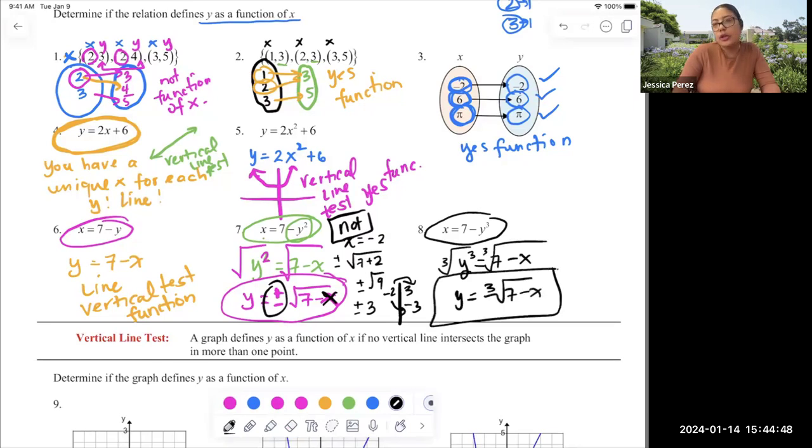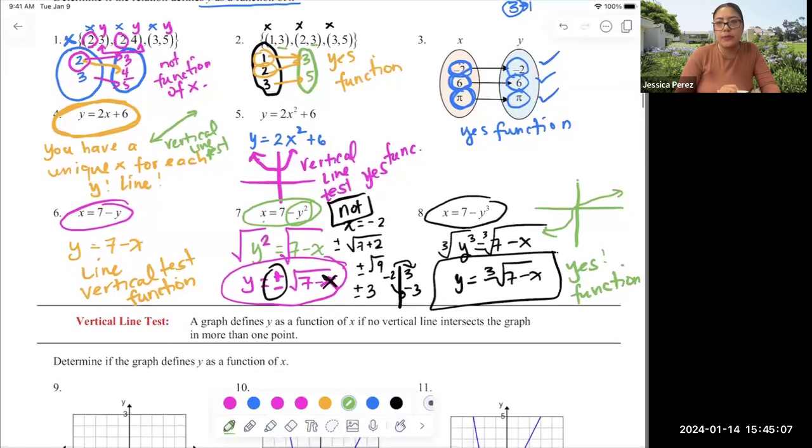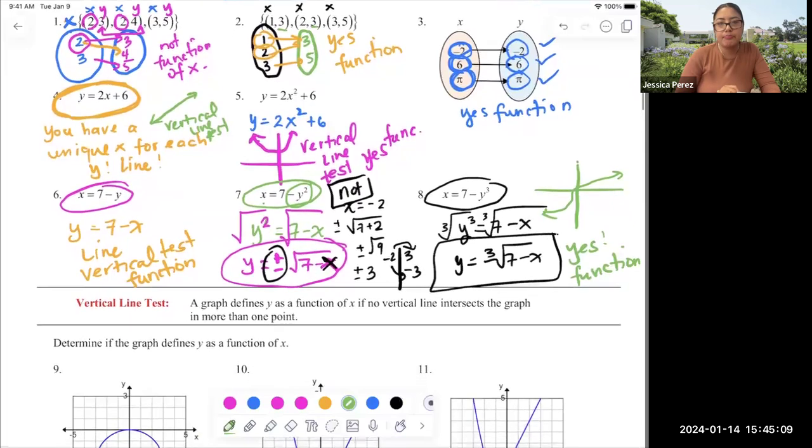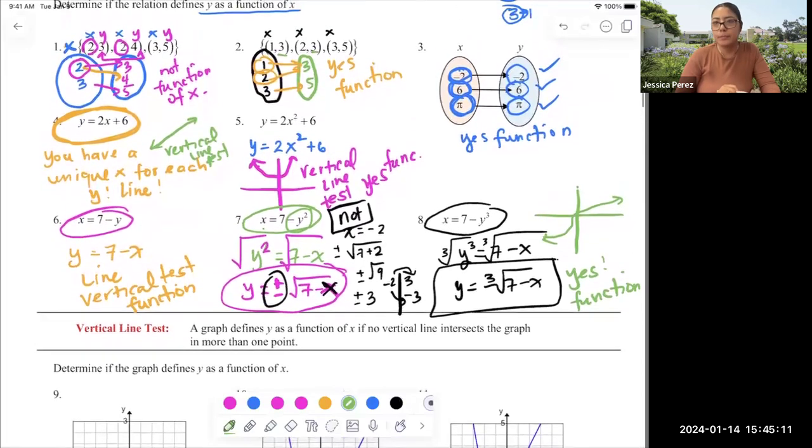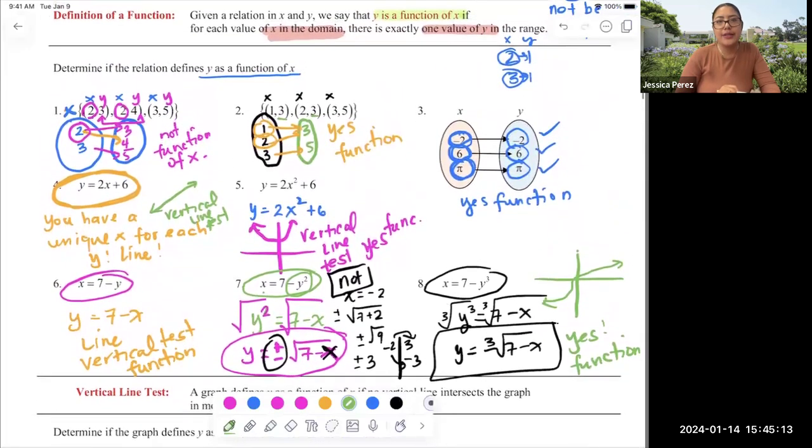And remember, a cube looks like a snake, that's this. And yes, it passes the vertical line test. This is a function, so you won't have a plus or minus. So we're good to go. Okay. So that defines a function.